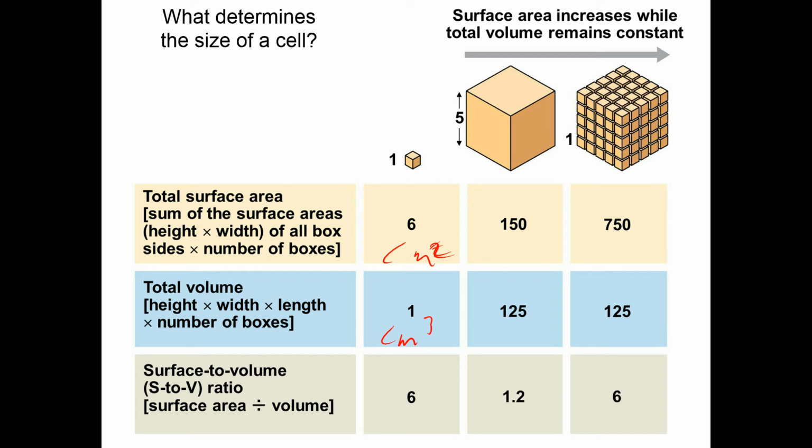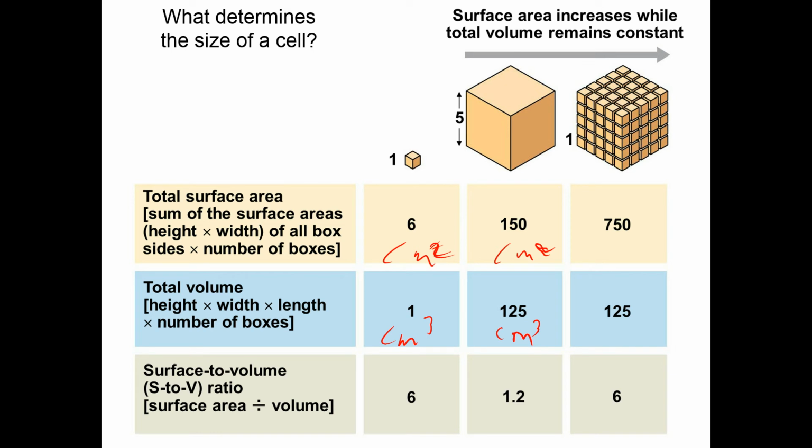So what about a larger cube? This time you have 5 centimeters. This larger cube has a surface area of 150 centimeters squared, and a total volume of 125 centimeters cubed.